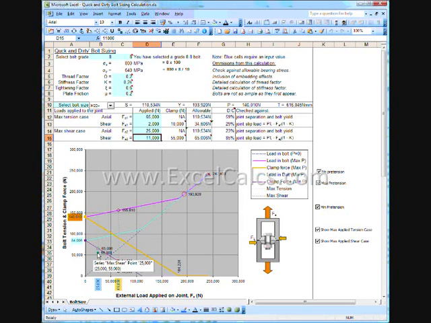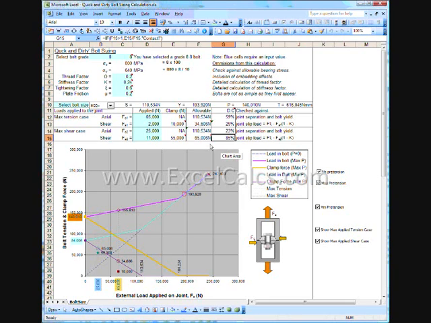So this value is actually getting very close to the available clamping force, and that's demonstrated in the demand to capacity ratio being quite high here. As soon as it gets above 1, then we have a problem.